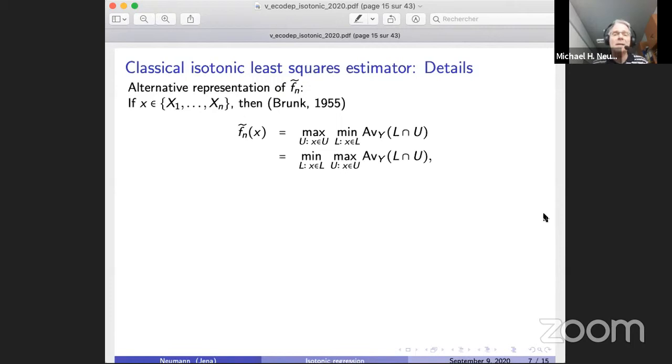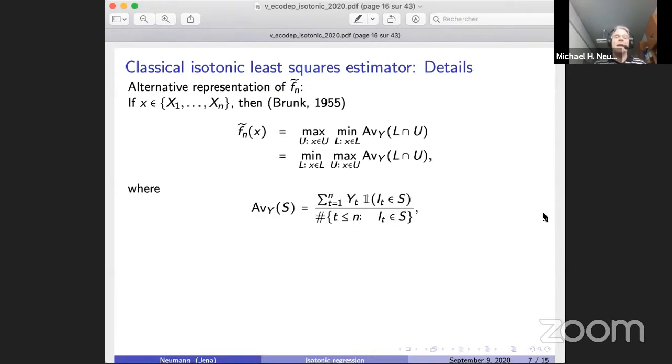Next part of the slide. And here we have to take localized averages of the observations.